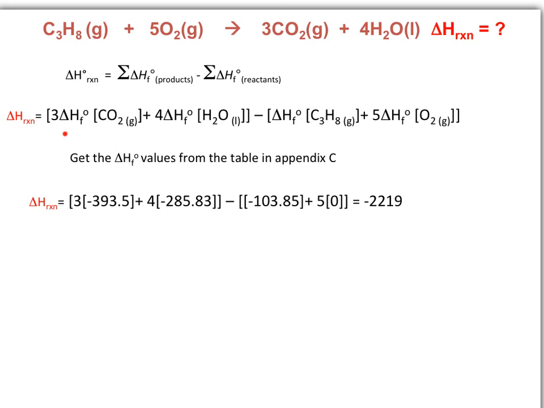Now, what I want you to notice about the setup that I have here, okay, the coefficients are dictating the amounts of each of the substances. So notice for O2, the coefficient is 5, so I'm multiplying the enthalpy of formation value by 5. The coefficient for C3H8 is 1, so I'm multiplying by 1. Same thing for H2O and CO2.